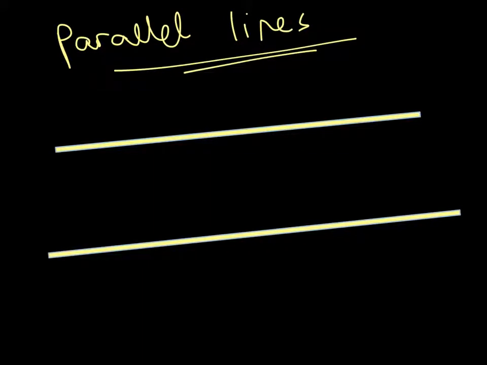How we can check is the following. We need to measure the distance between both lines at two separate points, at least two separate points. And if these distances are the same, say 3 centimeters, 3 centimeters, then your lines are parallel.